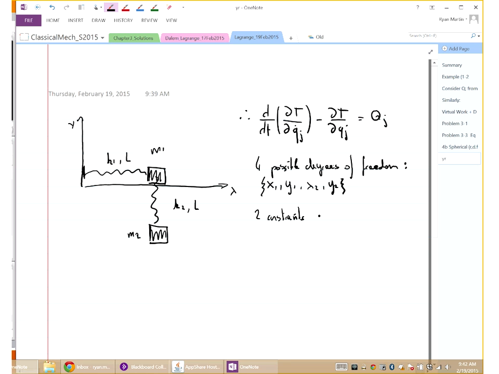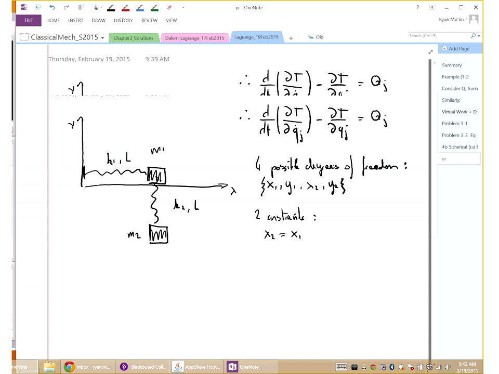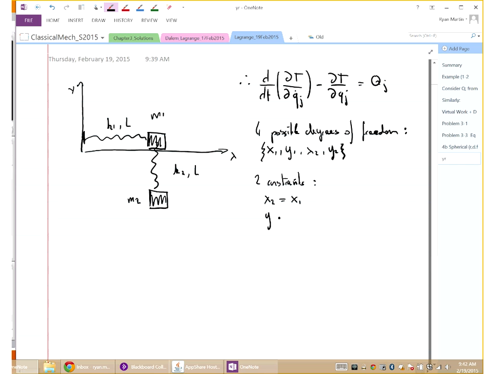We have 2 constraints though. One constraint is that the x position of mass 2 must equal the x position of mass 1, because it's always underneath it. And the second constraint is that mass m1 is really constrained to the x-axis, and so y1 is always equal to 0. So we really have just 2 degrees of freedom.